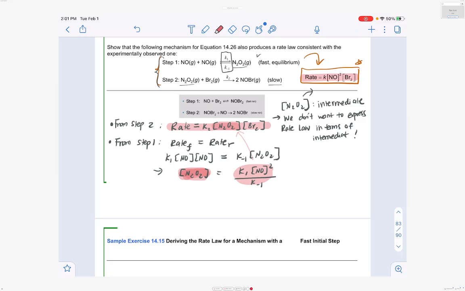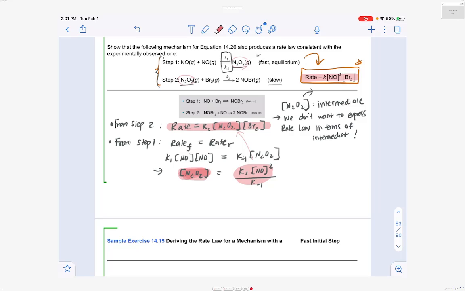If there is anything that you can cancel out, then that's typically the intermediate. Or an easier way, if you see it here, you know that it should be consumed. Similar to how we deal with spectators.